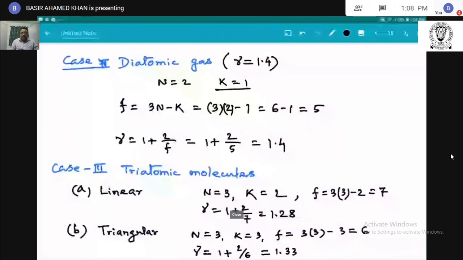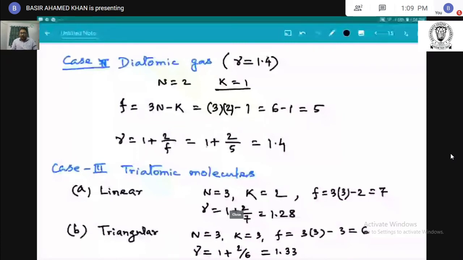So, these are the applications of degrees of freedom with the help of the law of equipartition of energy. And here we calculate gamma, that means Cp by Cv, of monatomic, diatomic and triatomic gas molecules.